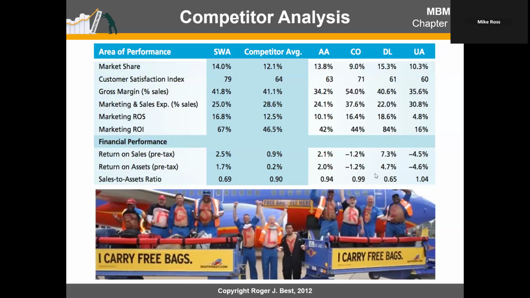Delta historically has done fairly well financially. The airlines, to the best of my knowledge, it's a tough business. It is a really tough business. So we've seen over the years lots of consolidation. United here, we've got negatives that are more profound than CO. It'll come to me after this lecture.